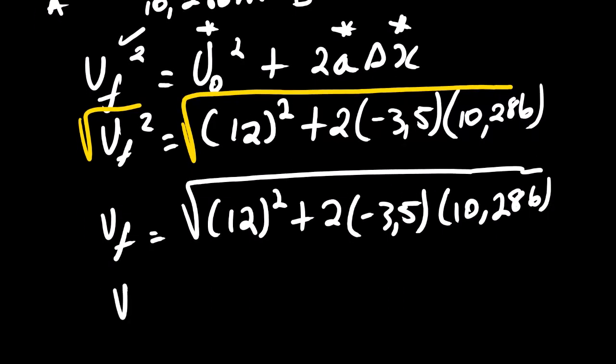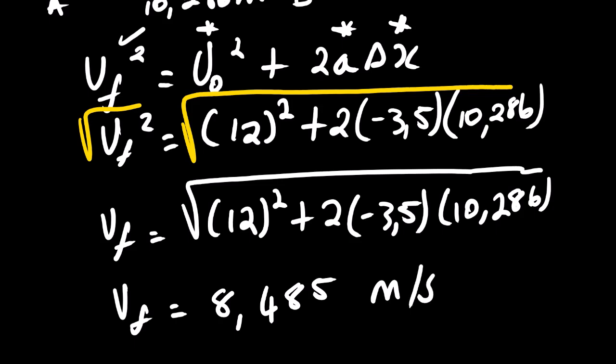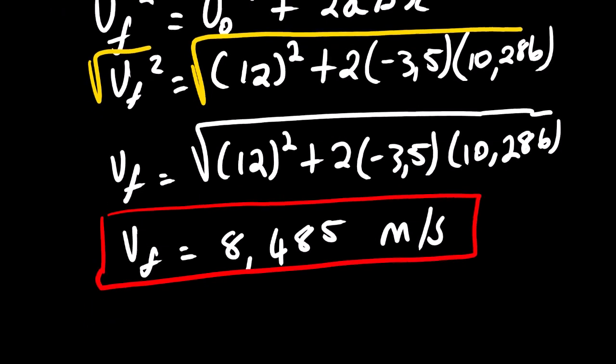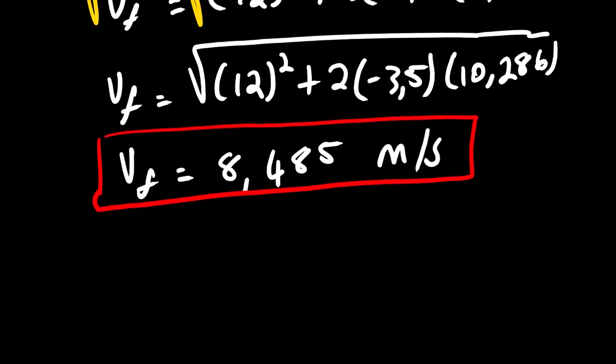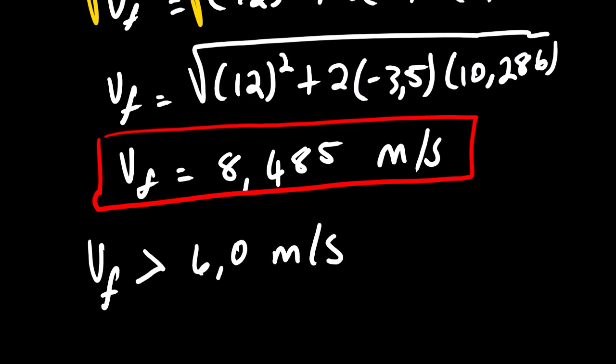Then we get that VF is equal to 8.485 meters per second. Let me write it like this. So to answer the question, we say the velocity is greater than 6.0 meters per second.